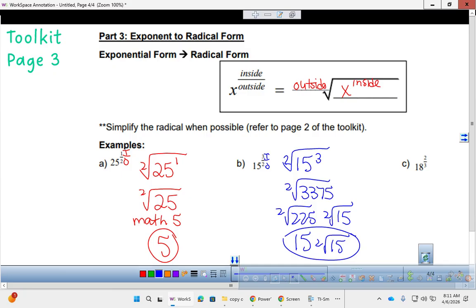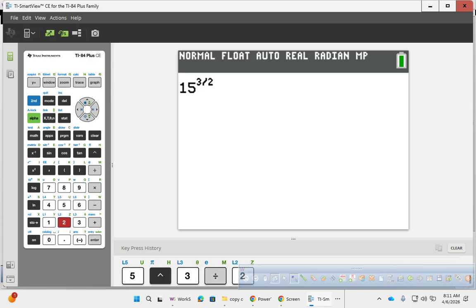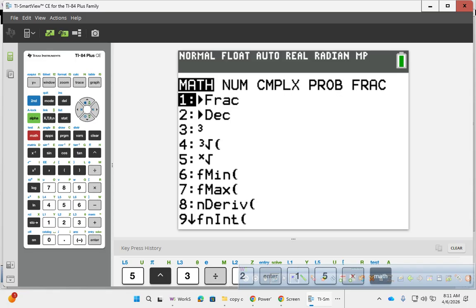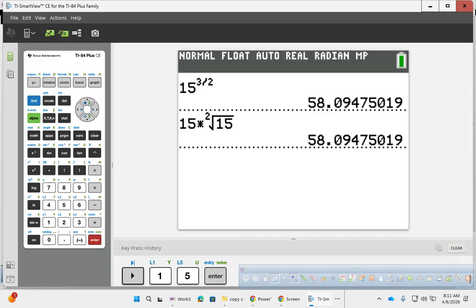Just want to show you that these two things are the same. 15 to the power of 3 over 2, and 15 times the square root of 15. Two different forms, but I get the same decimal. So I have exponential form when I have an exponent, and radical form when I have a root. They're equivalent forms. I'm just writing them in different ways. You can see they're equivalent because the decimals match.